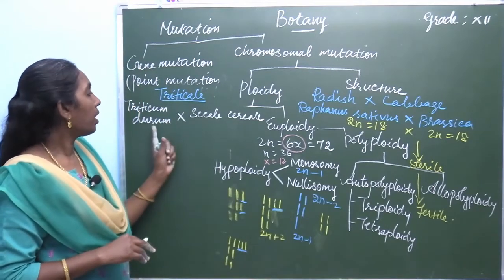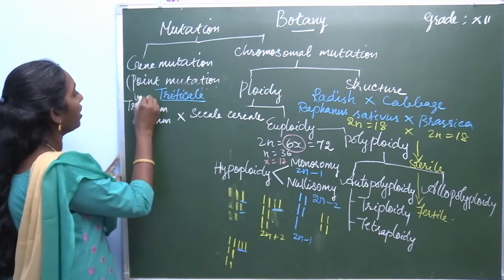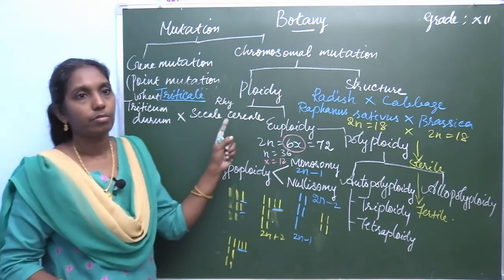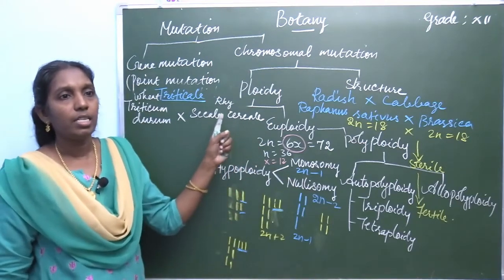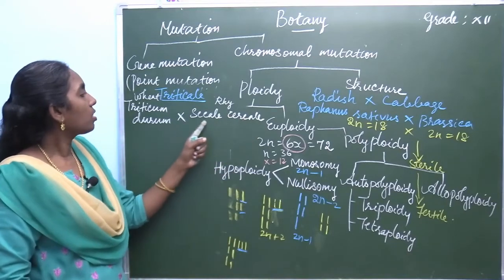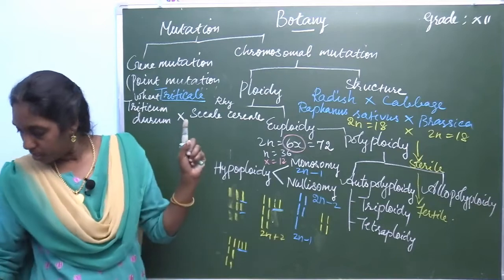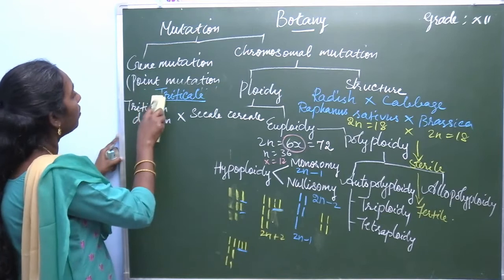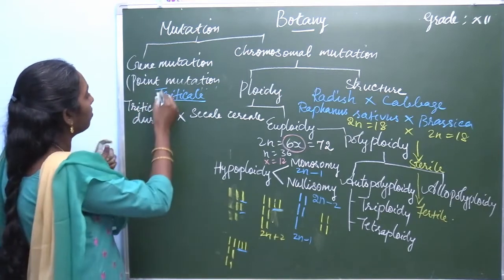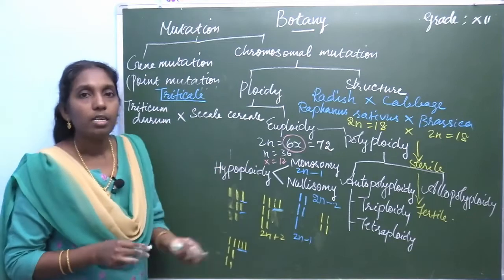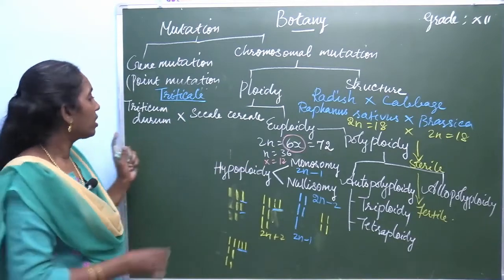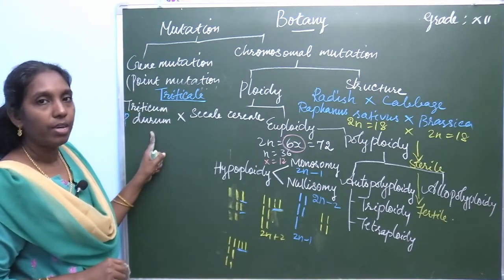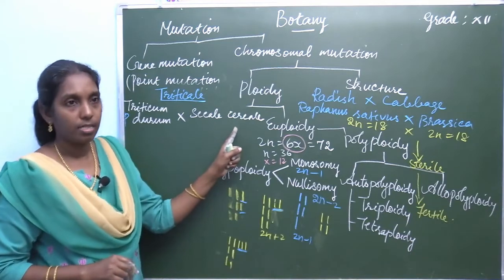So, a wheat variety and a rye. The parents are Triticum durum, a wheat variety, and the rye Secale cereale.